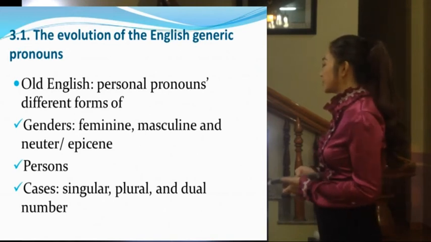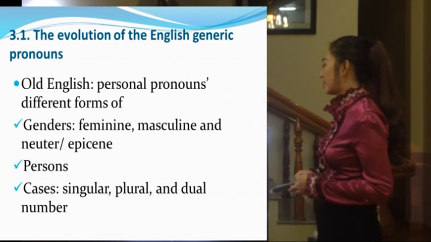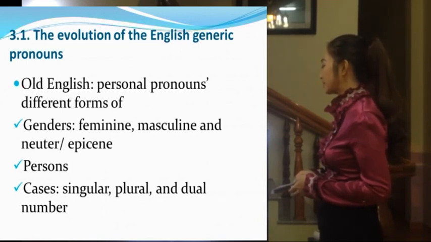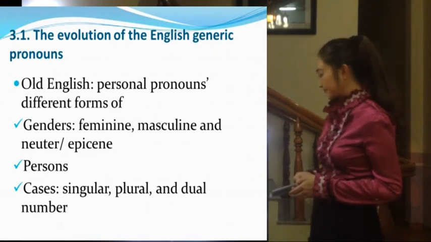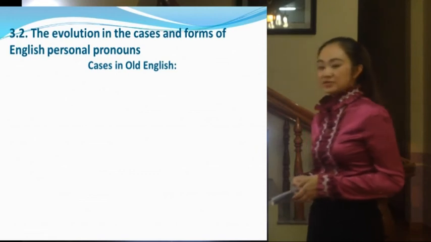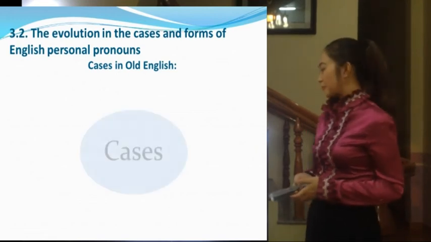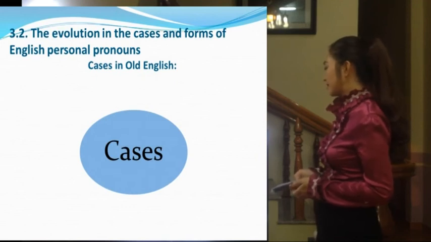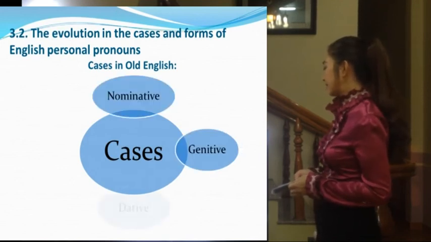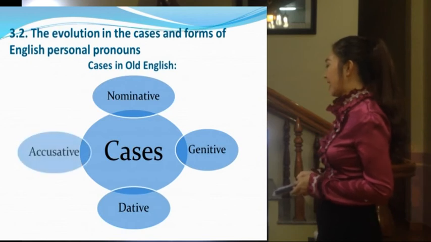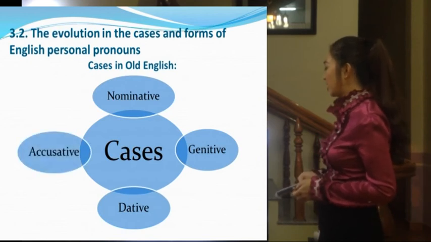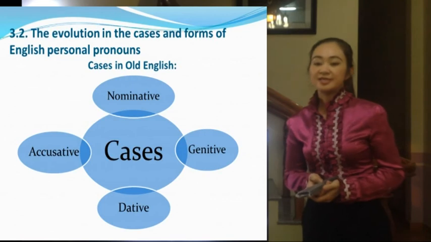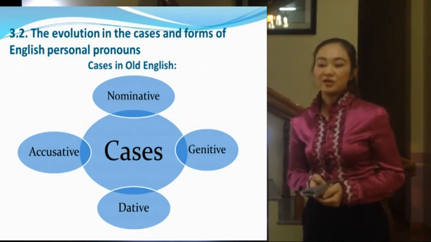Old English possessed different forms of personal pronouns, distinguished by gender, person, and case. The major cases for personal pronouns consisted of nominative, genitive, dative, and accusative in Old English, not much different in names compared to today's English.